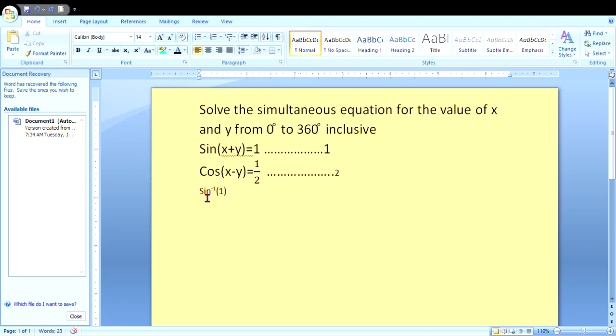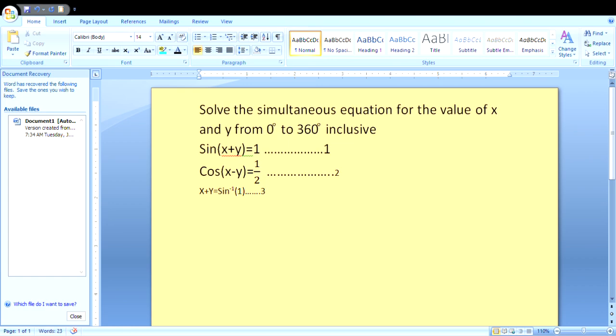So this becomes x plus y is equal to sine inverse of 1. This is now equation 3.